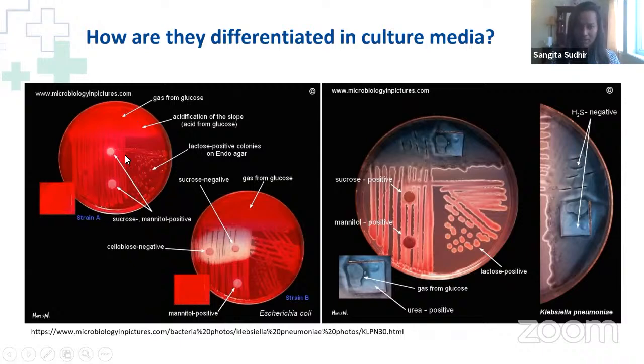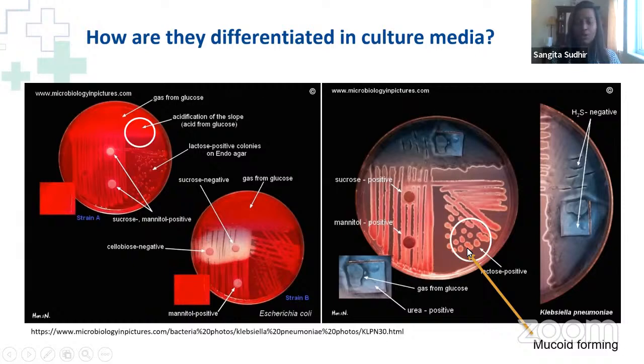They are lactose fermenters, with smooth, circular, convex colonies. Sucrose and mannitol fermentation is occurring. Here cellobiose is negative. So all of this is suggestive of E. coli.